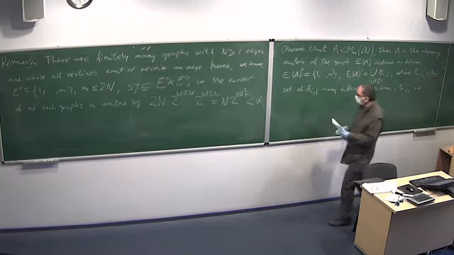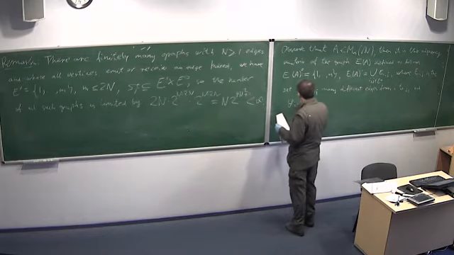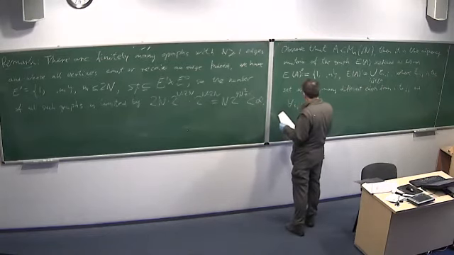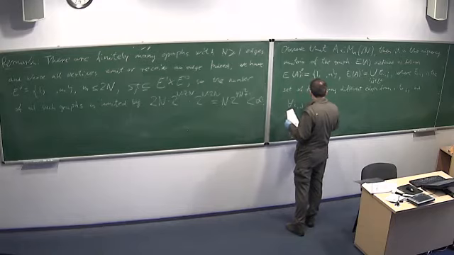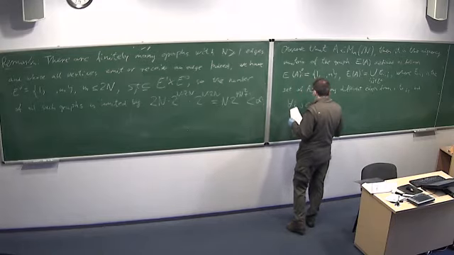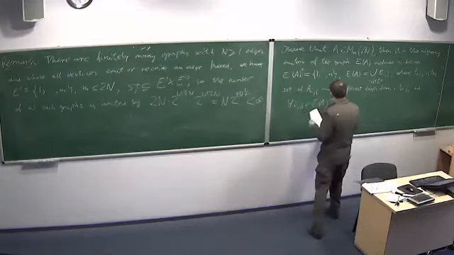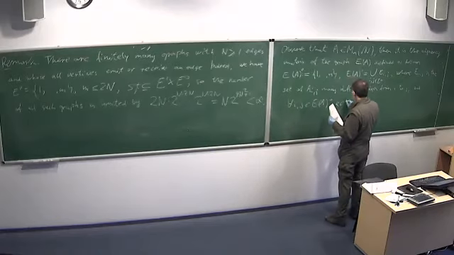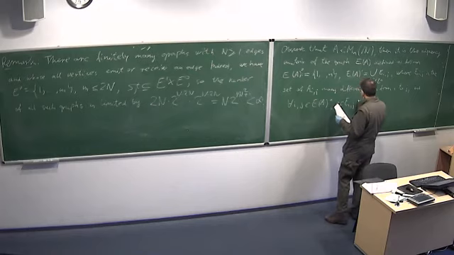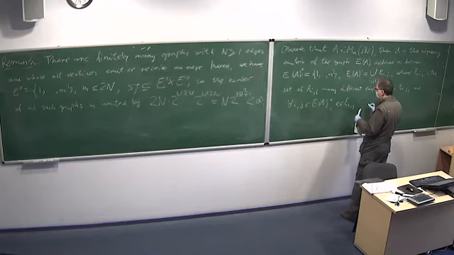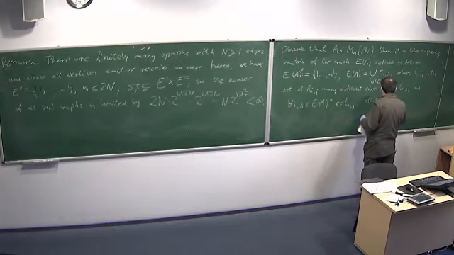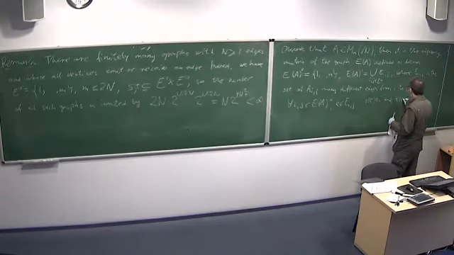It's defined by the formulas as follows. I take any vertices i, j. I take any edge in E_ij, and I say that if e is in E_ij, then s of e is equal to i, and t of e is equal to j.